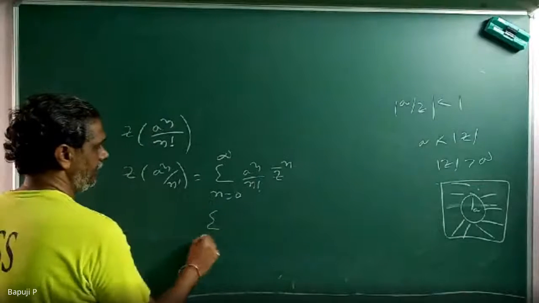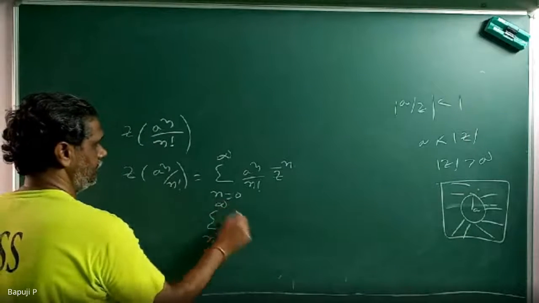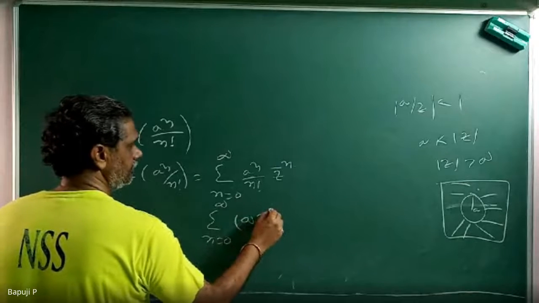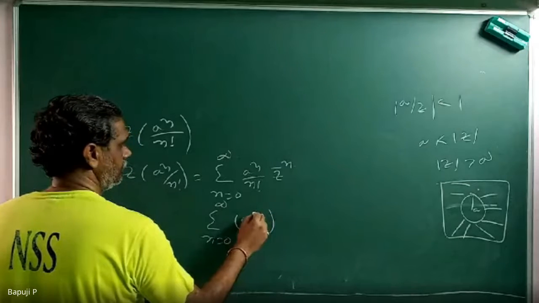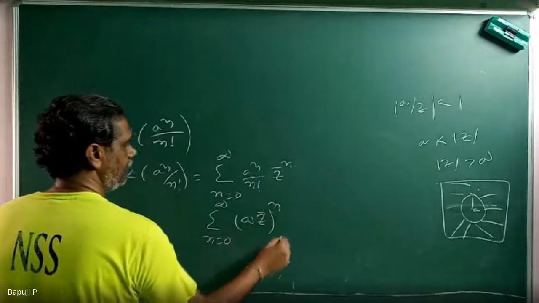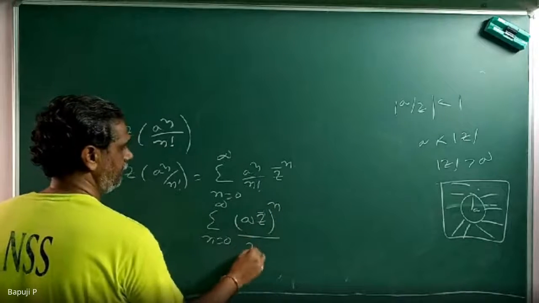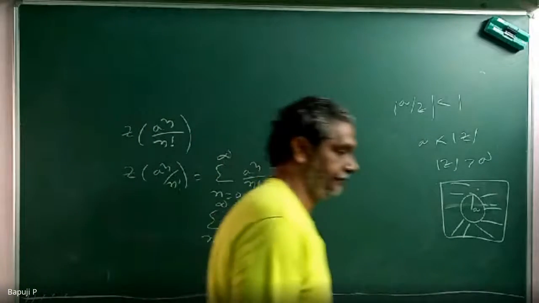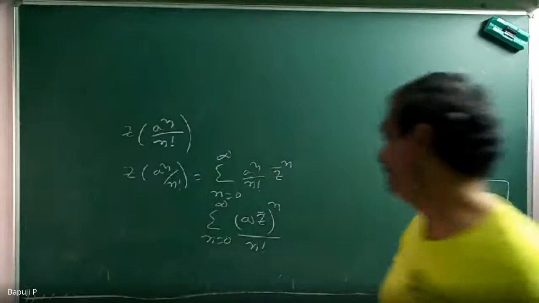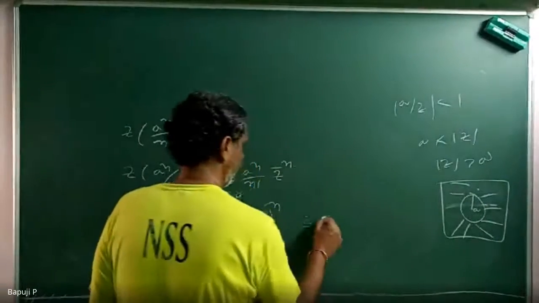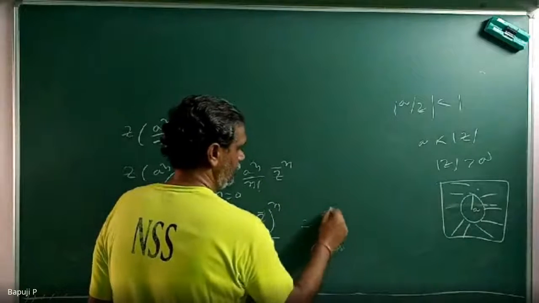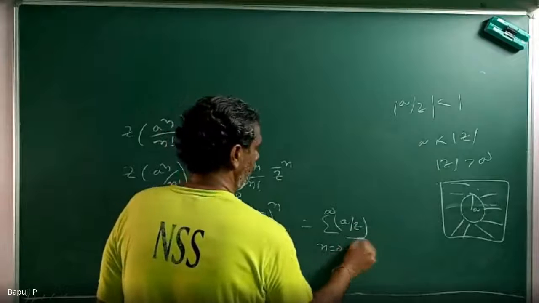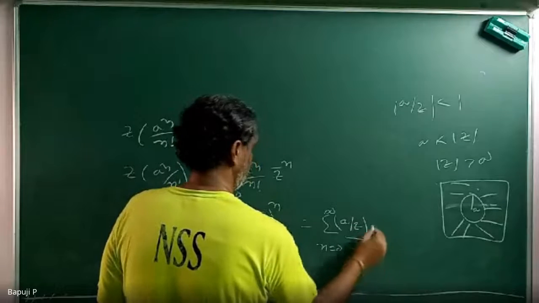This I can write as a power n into z whole power minus n, divided by n factorial. So this is sum from n equals 0 to infinity of a by z divided by n factorial whole power n.